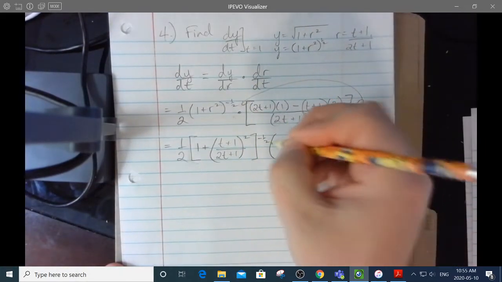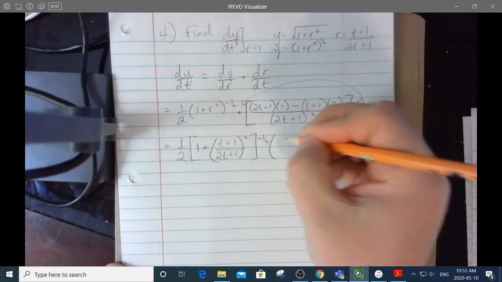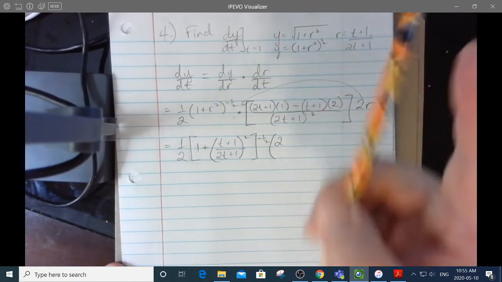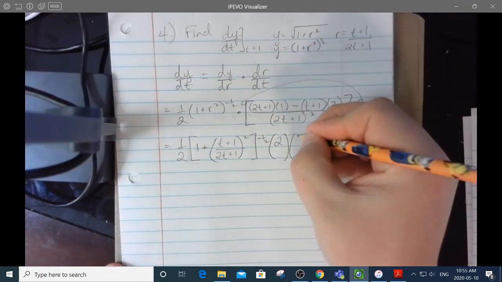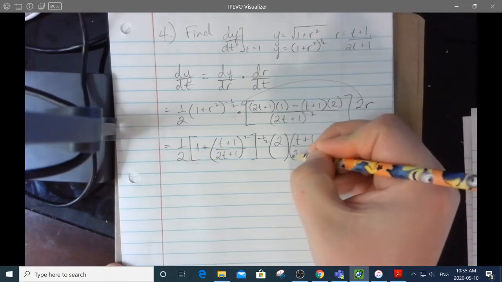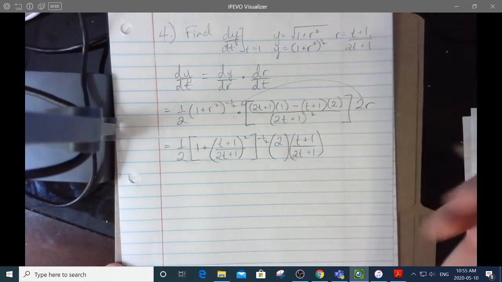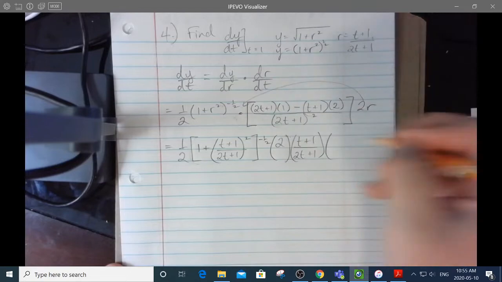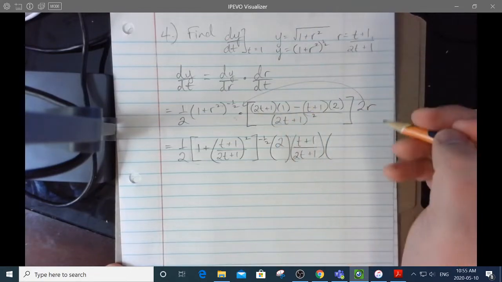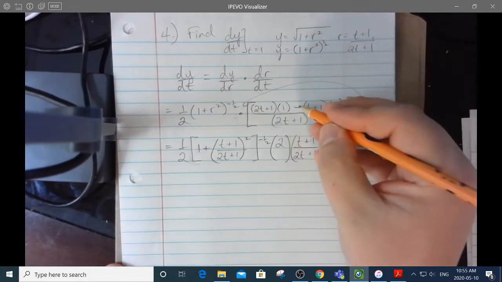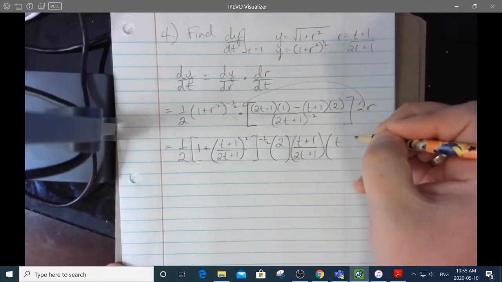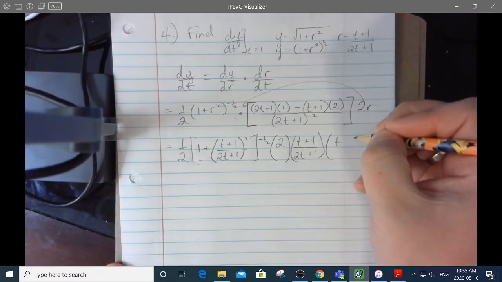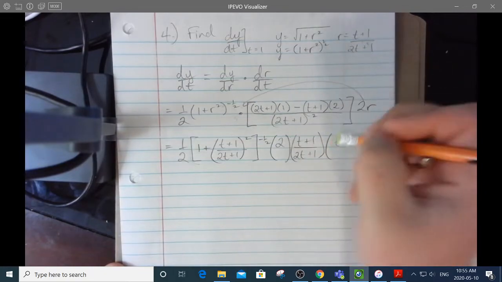So that's going to be times 2 times r. And what was r again? R is t plus 1 over 2t plus 1. There we go. Now, let me simplify this bracket. 2t minus 2t is nothing, the t's go away.